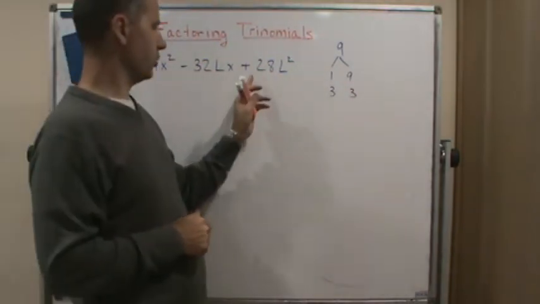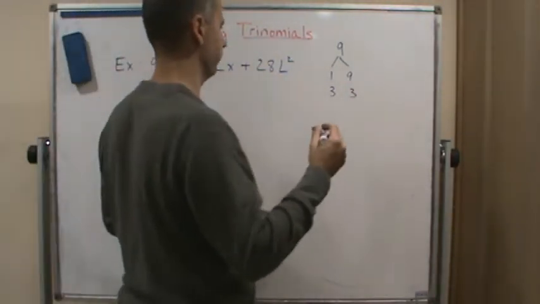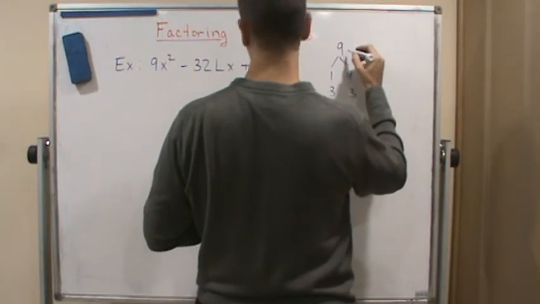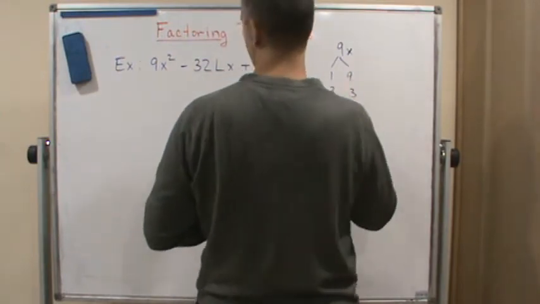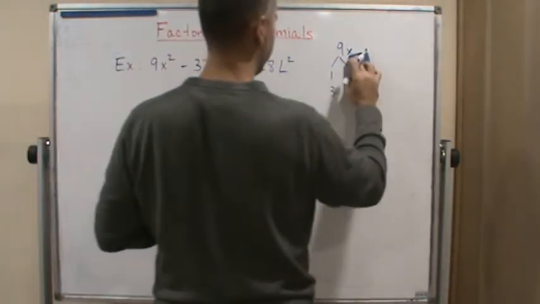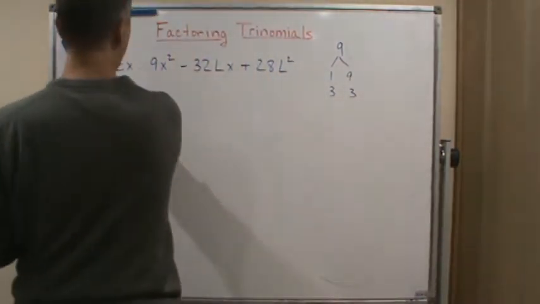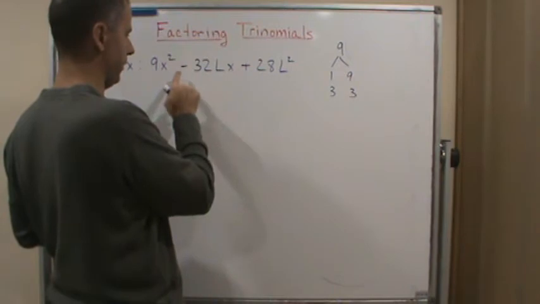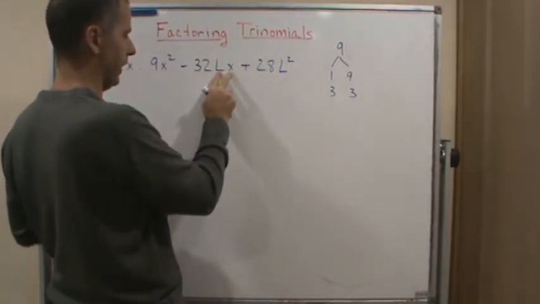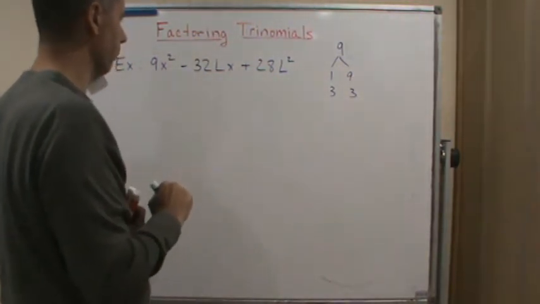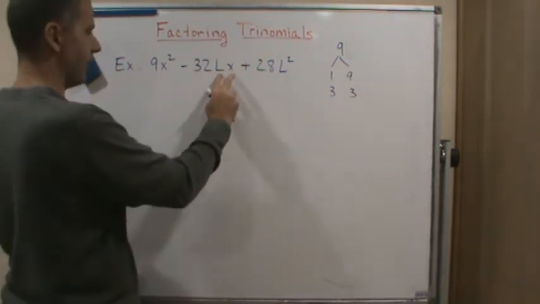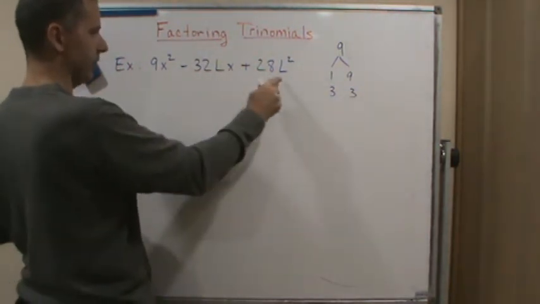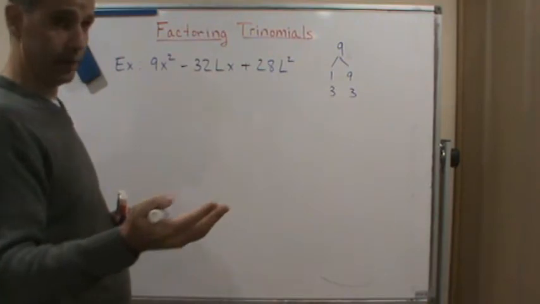And then if you look at 28L squared, again, you're going to have an L in both of them. Notice here you've got an X, an L, and then you've got XL here. That tells me that it's going to be X and L factors.